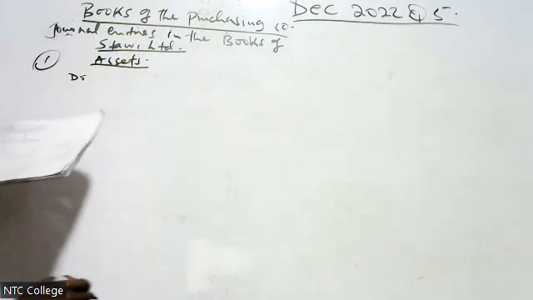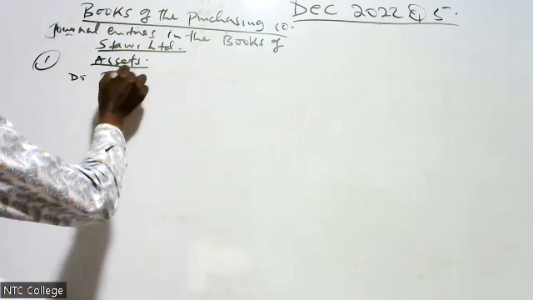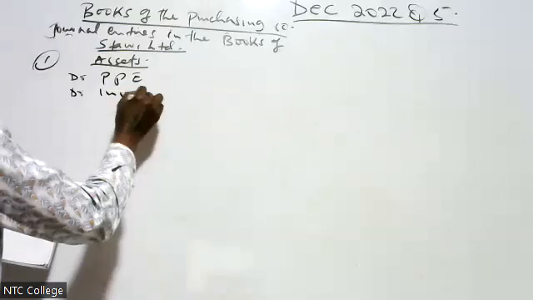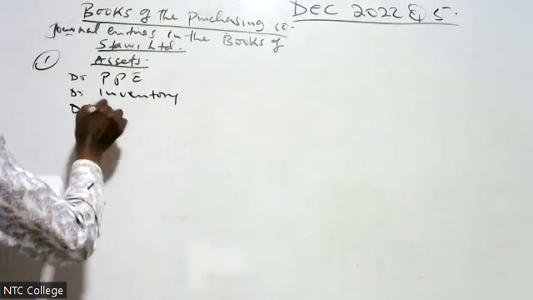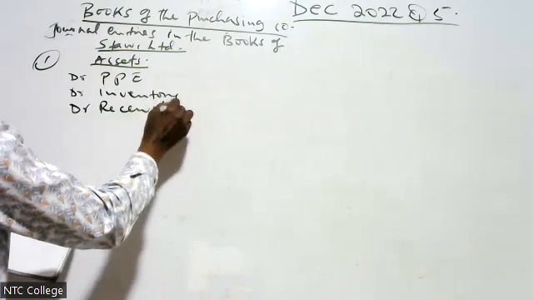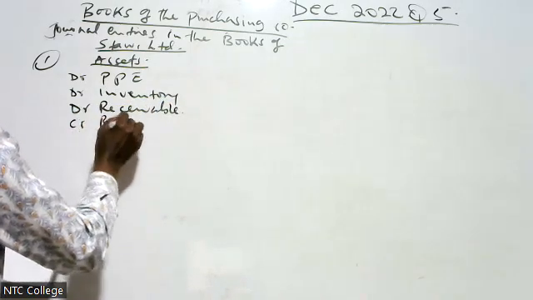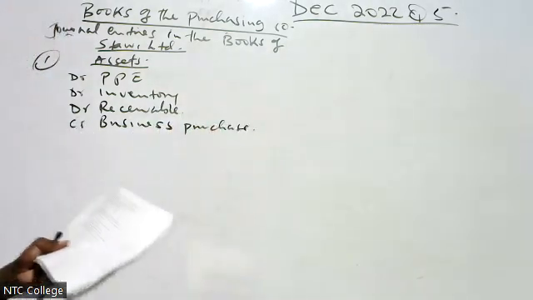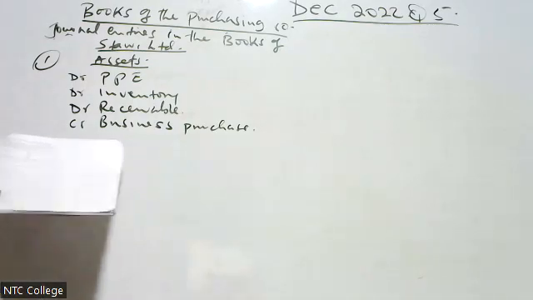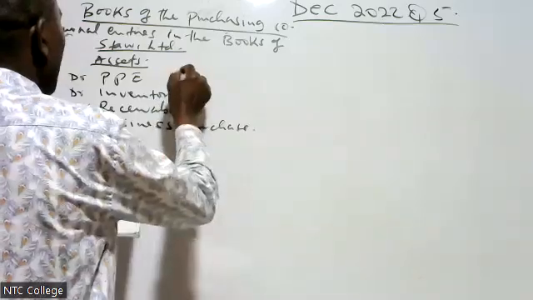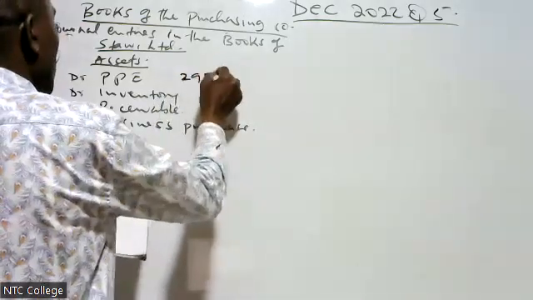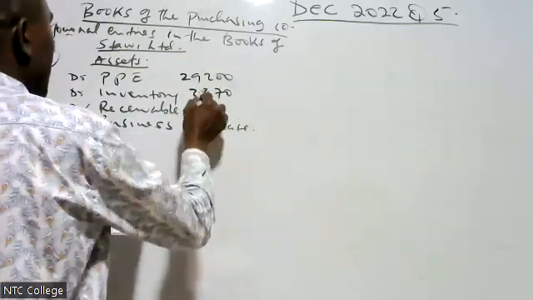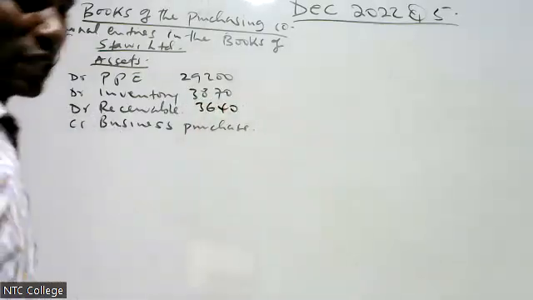In this case, you debit PPE, you debit inventory, you debit receivable, then you credit business purchase with the takeover values, which is 29,200, 870, 640.